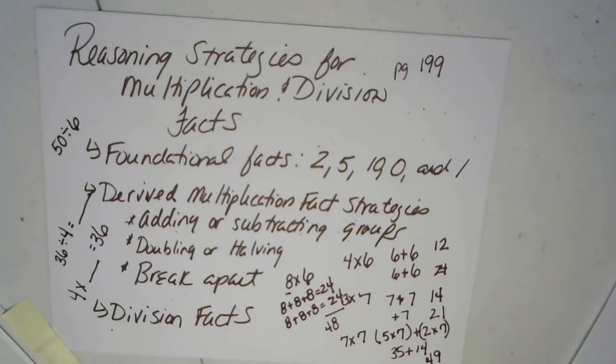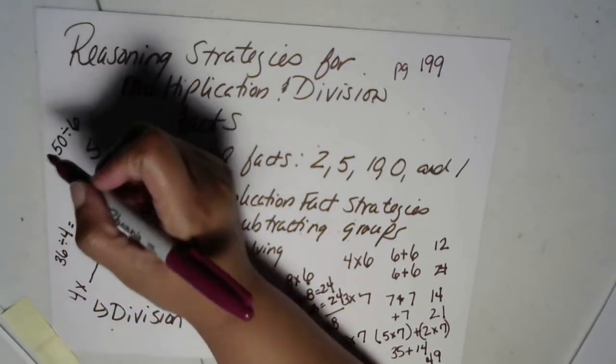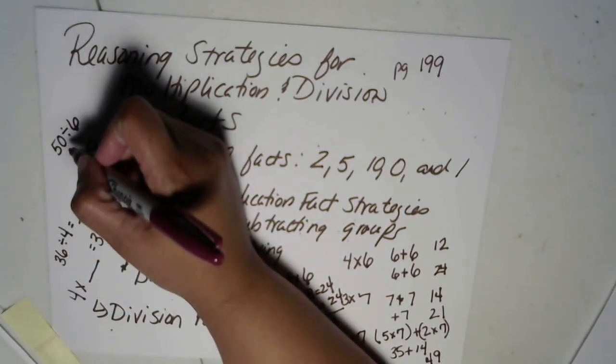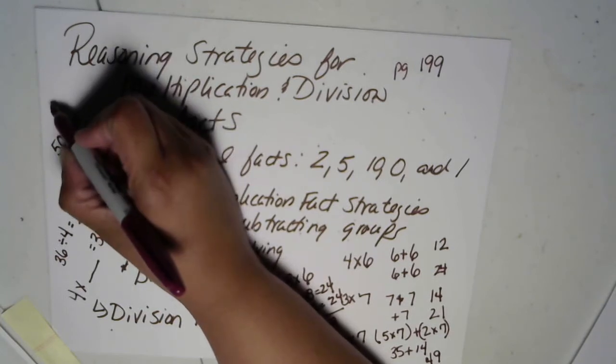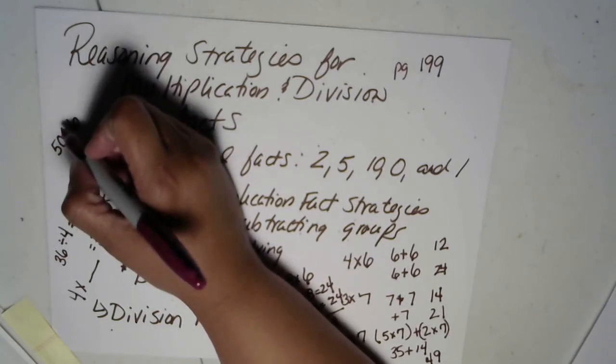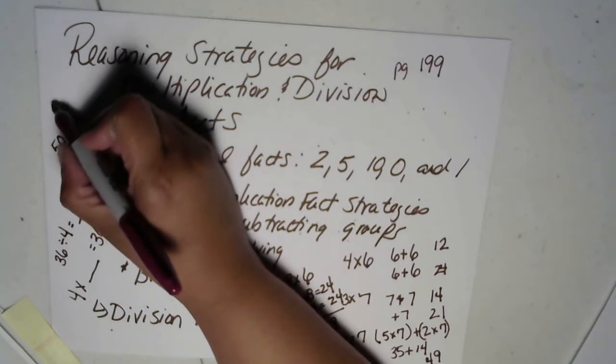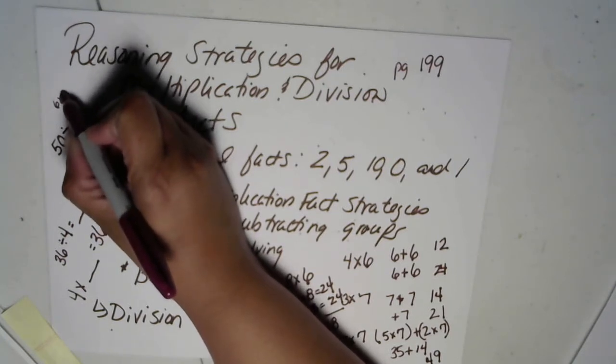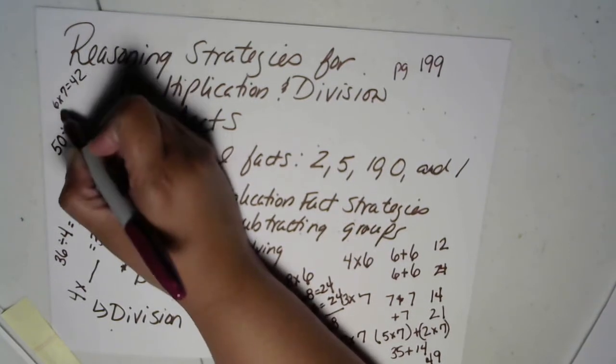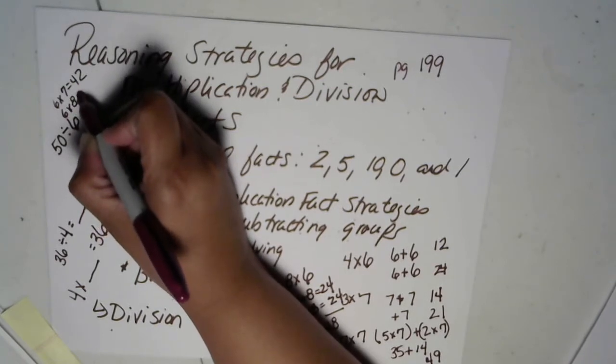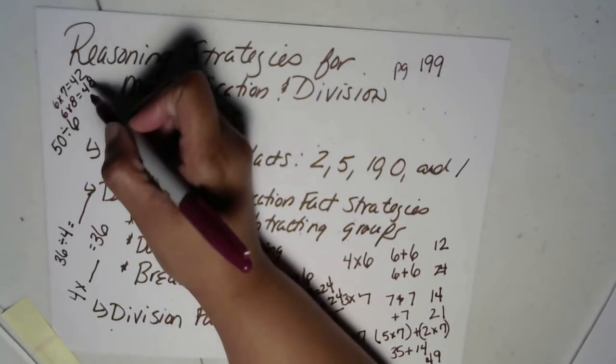To determine the answer of 50 divided by 6, students employ a guess and check strategy. 6 times 7 is too low. 6 times 8 is 48.